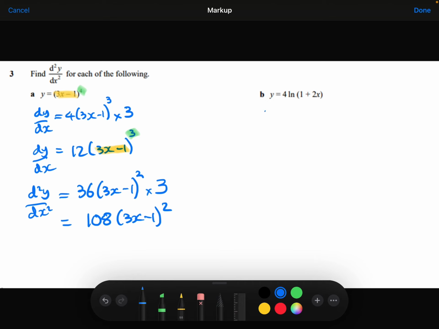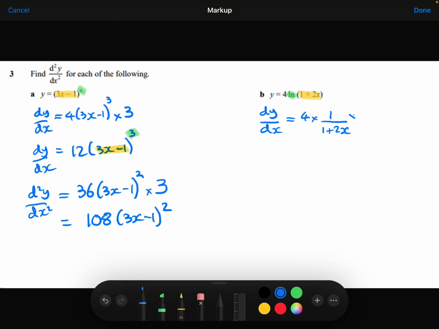For part B, I'm differentiating y equals 4 ln(1 plus 2x). So we've got 4 lots of. Now, differentiating the ln, I've got 1 plus 2x that's inside the ln function. So the ln function differentiates to be 1 over.